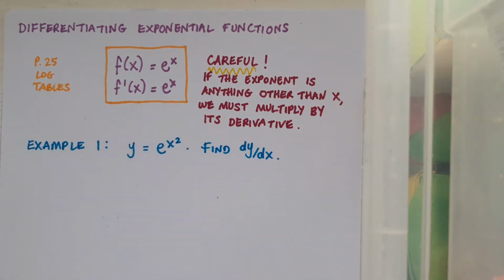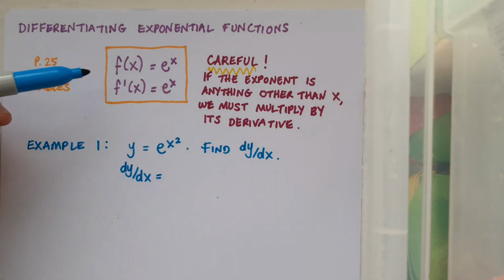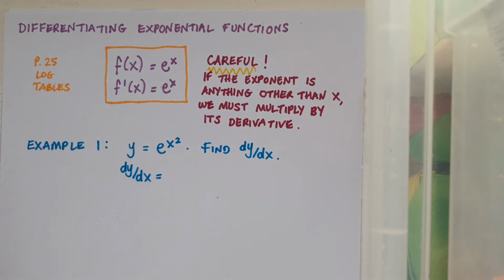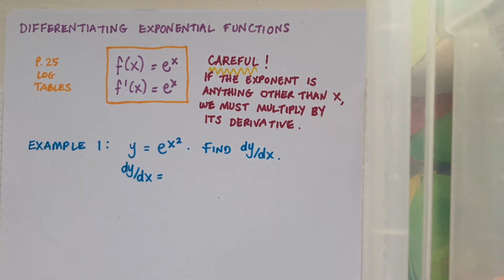So here's our first example, y equals e to the power of x squared. We want to find dy dx. Okay, so the rule in the log table says that when we differentiate an exponential function, we end up with exactly what we started with, and that is the first bit of our differentiation of this particular question, in that e to the x squared is going to get written down again.